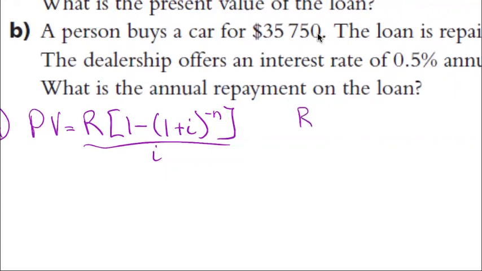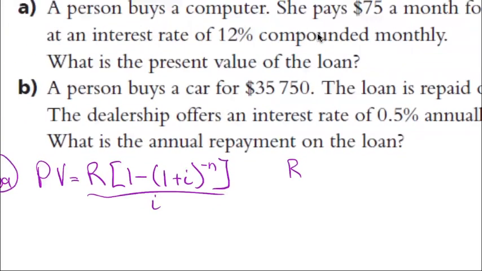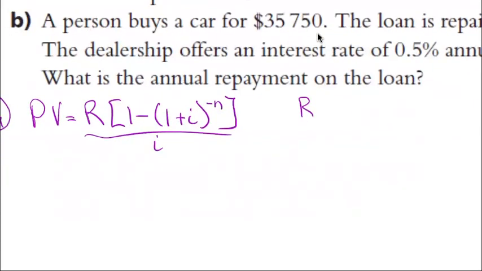I know that my R was $75, she pays $75 a month. I know that my interest rate was 12% divided by 100, that's 0.12. And she's doing that monthly, so divide by 12 again, 0.01.